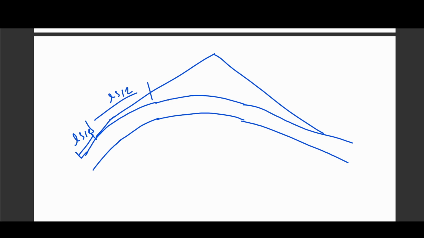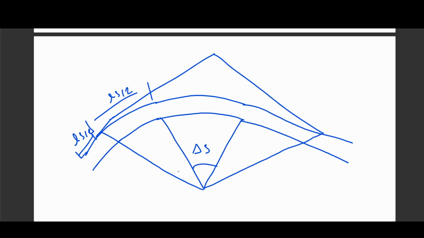This is the angle subtended by the circular curve, let it be delta s. And this is the angle subtended by the whole curve, let it be delta. So from circle properties, delta will be equal to the deflection angle, and the angle of intersection is this value.